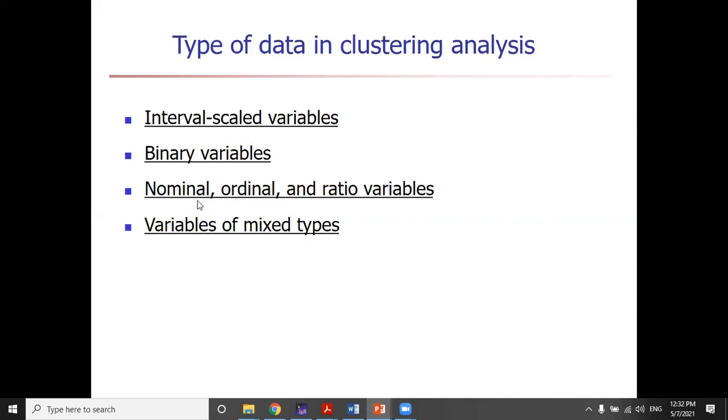Nominal means categorical. Categorical আশা করি সবার মনে আছে, male female. Okay, what is ordinal variable? এটাও বলেছিলাম আমি, if you remember.